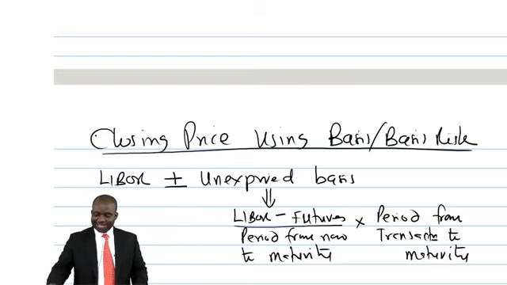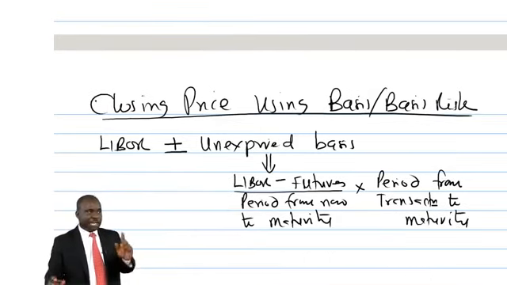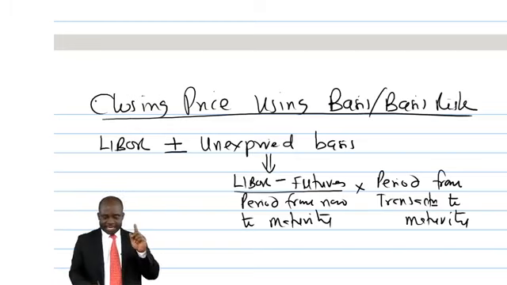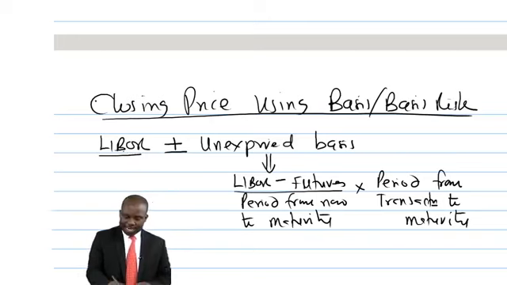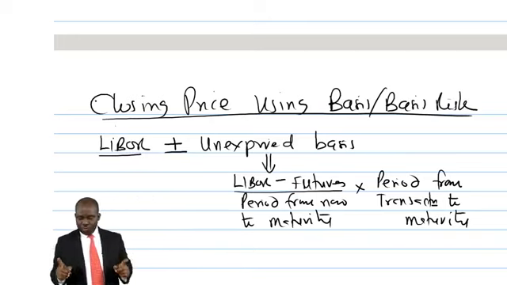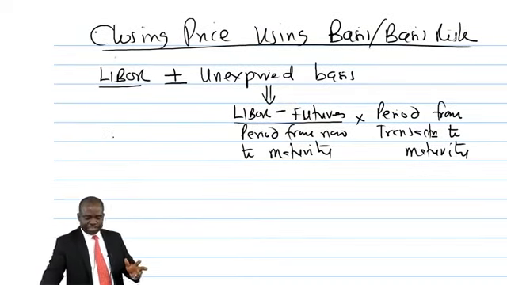Watch out, it's slightly different from the lock-in rate. The lock-in rate is not LIBOR here. It's not the spot rate. The lock-in rate would have been the futures price. Watch out with the difference because people tend to mix them together.